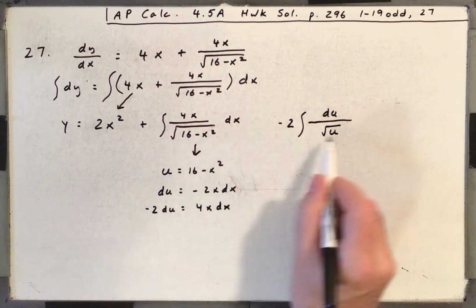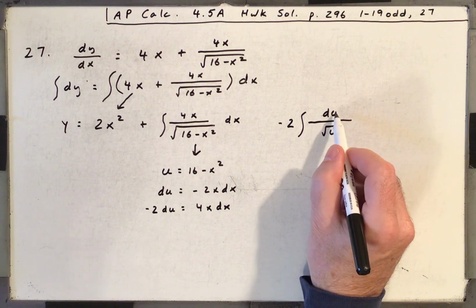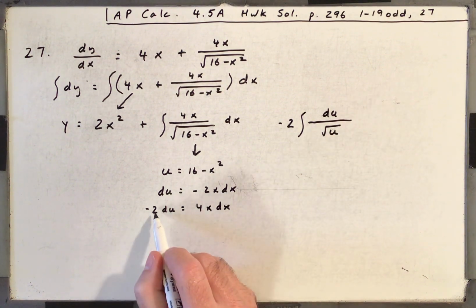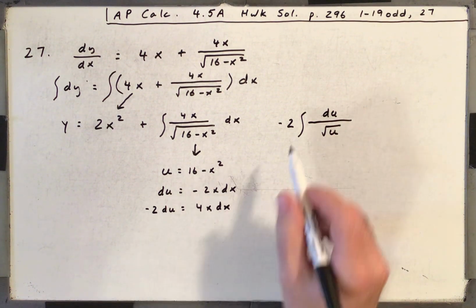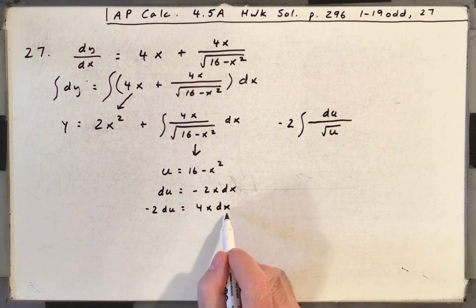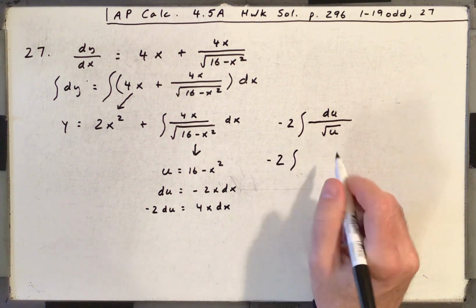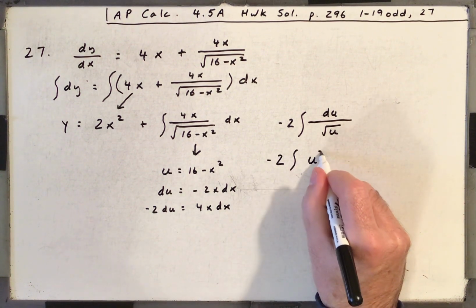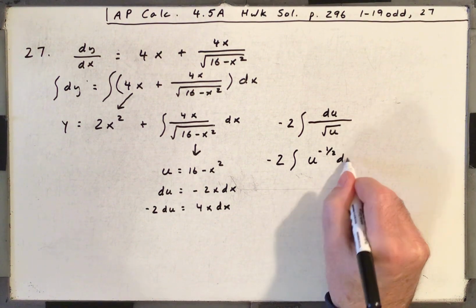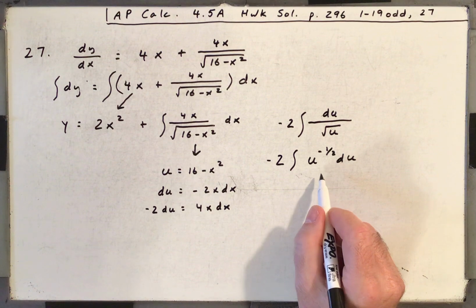It's a square root, so we've got that. 4x dx, that's du. And then I had to put a -2 out front to adjust it, which we did right here, to make it 4x dx. That's the same as -2 times u to the -1/2 du. So not u to the 1/2, u to the -1/2, because we brought it up top.